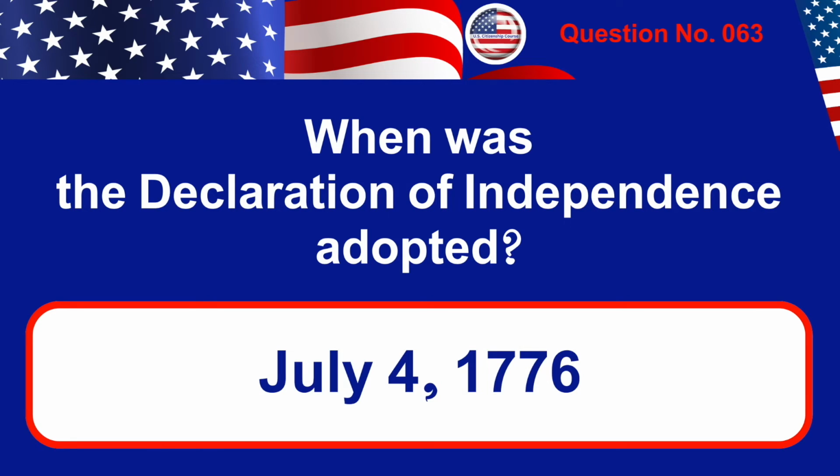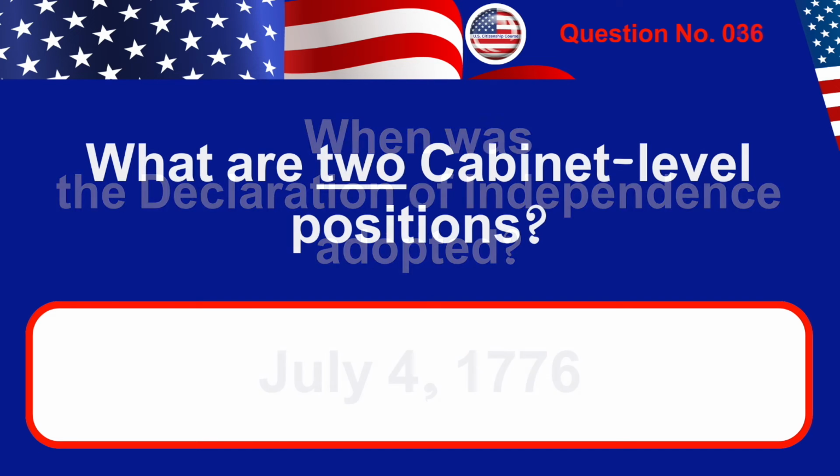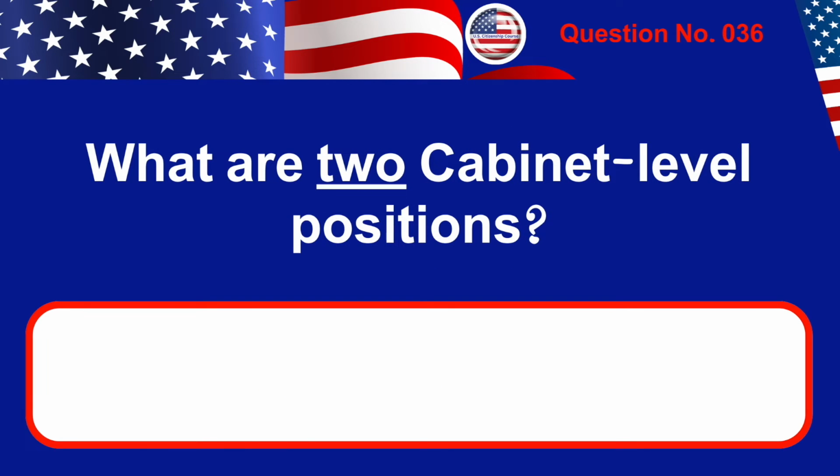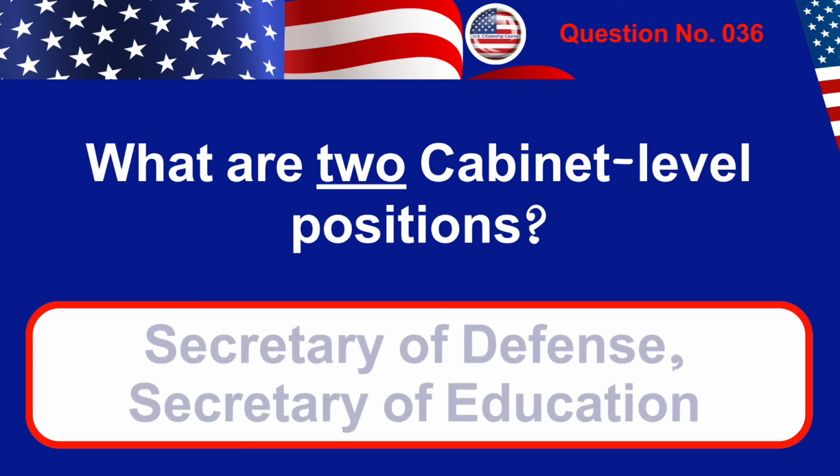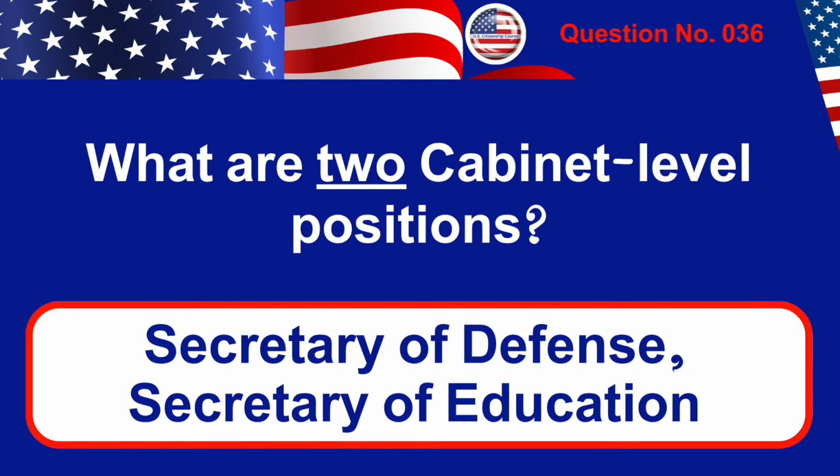July 4, 1776. What are two cabinet-level positions? Secretary of Defense, Secretary of Education.